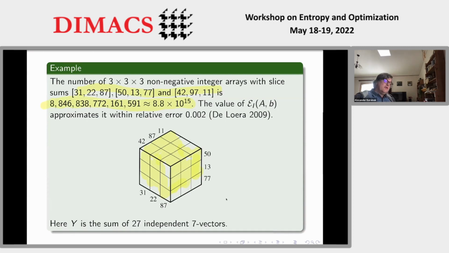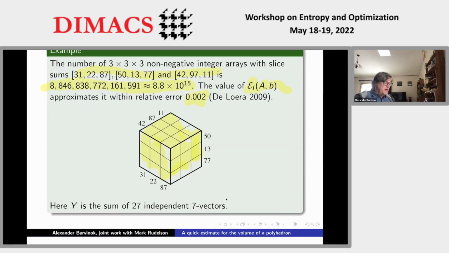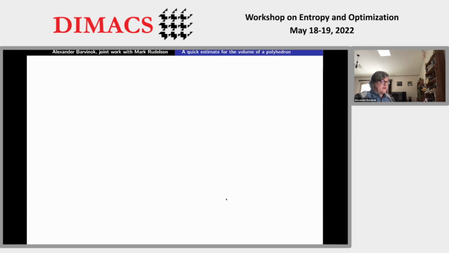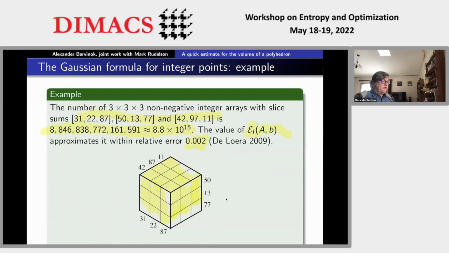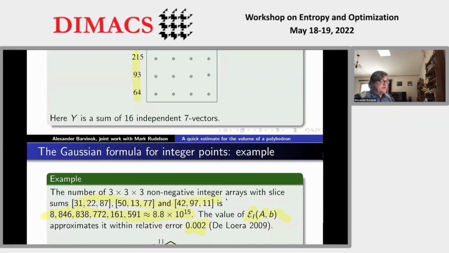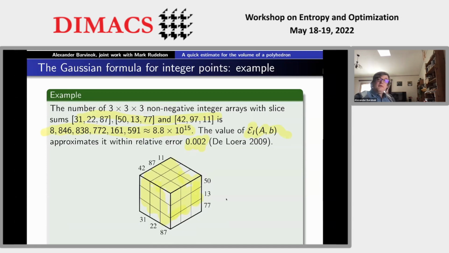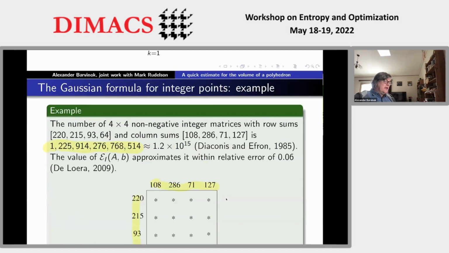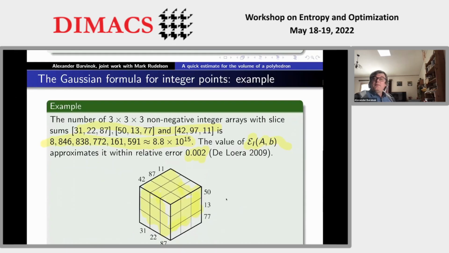And then this Gaussian formula gives you an error of like 0.2%. It's much better. And the reason it's much better is because we use the central limit theorem to approximate by a Gaussian the sum of 27 independent 7-vectors, right? As opposed to 16. So we get closer to the Gaussian, we get a better error, right? And that's pretty much it. Yeah. Thank you very much.